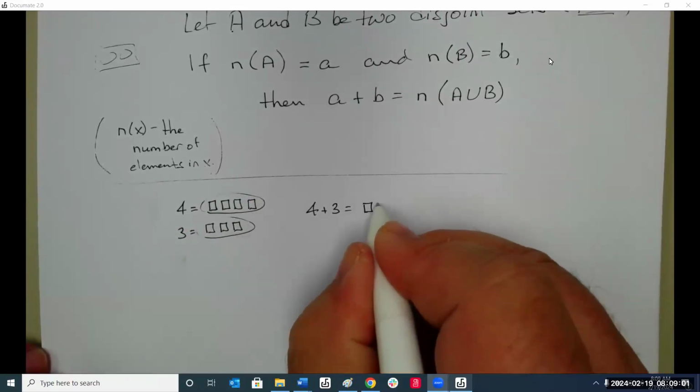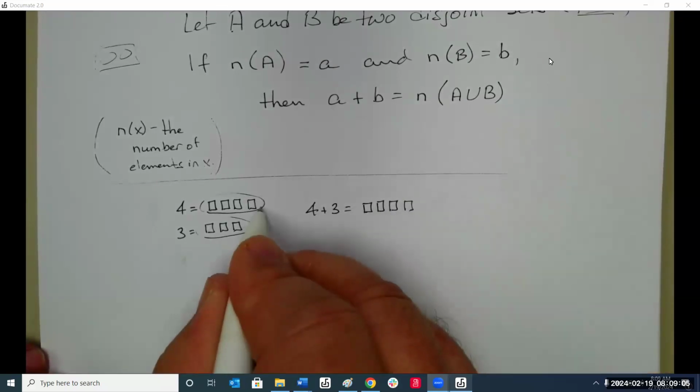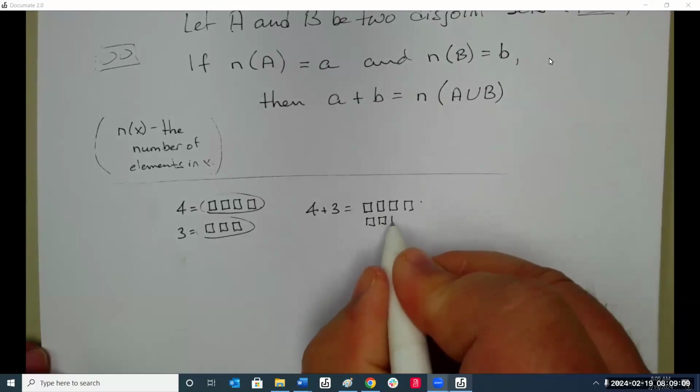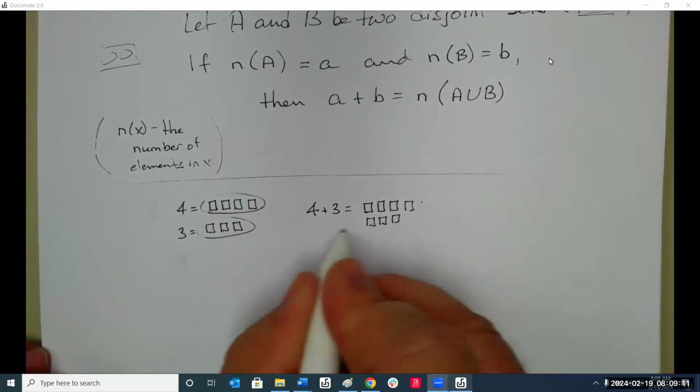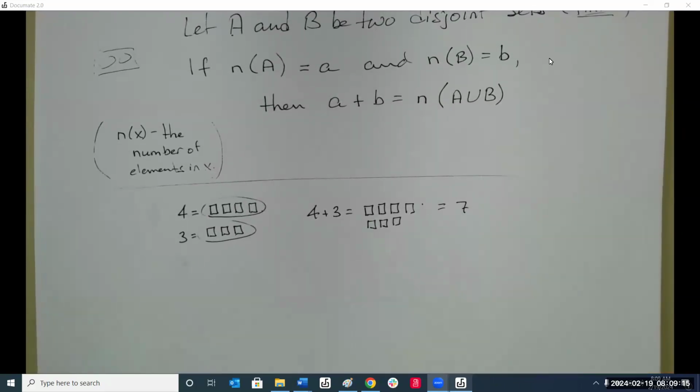So it's 1, 2, 3, 4 from this one, and 1, 2, 3 from this one, which equals 7 blocks. Again, this is how we introduce mathematics to kids.